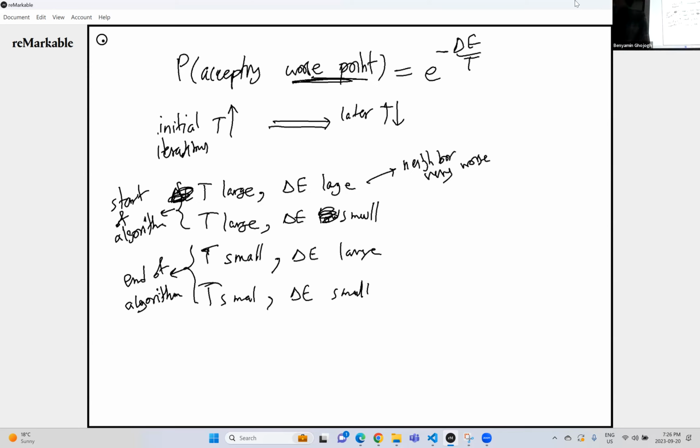And delta E small means the neighbor's cost is close to mine. Agreed? Delta E large means the neighbor is very worse; delta E small means the neighbor's cost is close to mine.